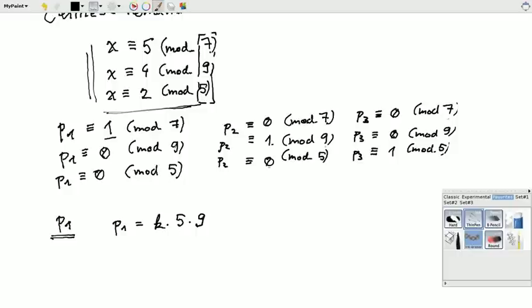And because 5 and 9 are relatively coprime, that means that if 5 is a divisor of P1 and 9 is a divisor of P1, then also 45 is a divisor of P1. 45 equals 5 times 9. So P1 is equal to 45k.